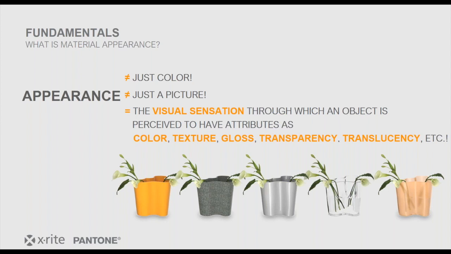What we have is the visual sensation through which an object is perceived to have attributes such as color, gloss, texture, transparency, and translucency. And so each of these aspects comes through and produces in your head an idea of what a material should be.